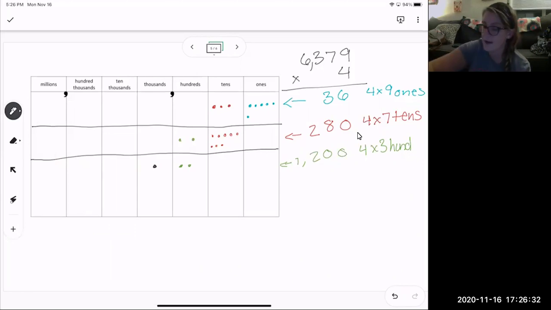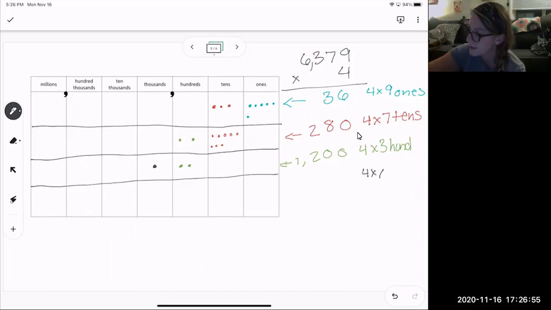Okay, and then finally, our last piece, we have a fourth one, right? Because we've done the 9, the 7, the 3, and now we have to do 6. So 4 times 6. So 4 ones times 6 thousands. So let's draw our line. 4 times 6 thousands.